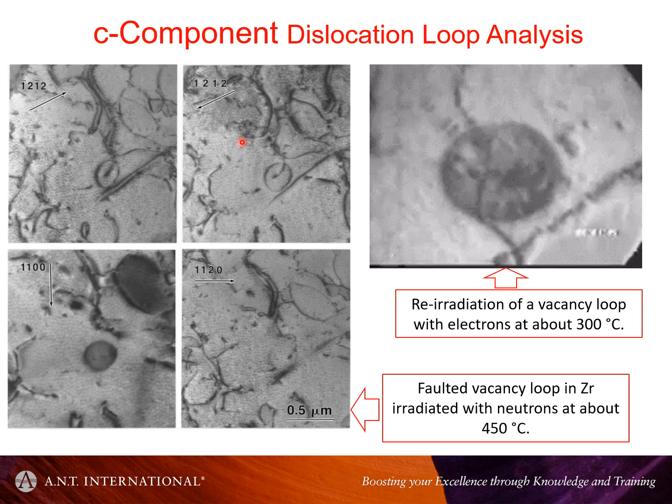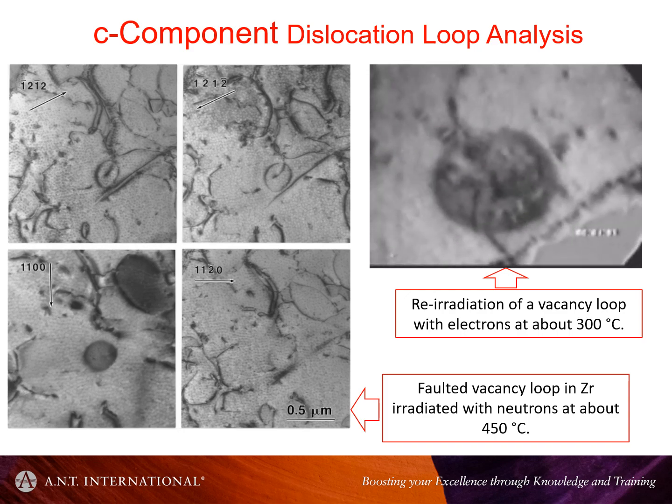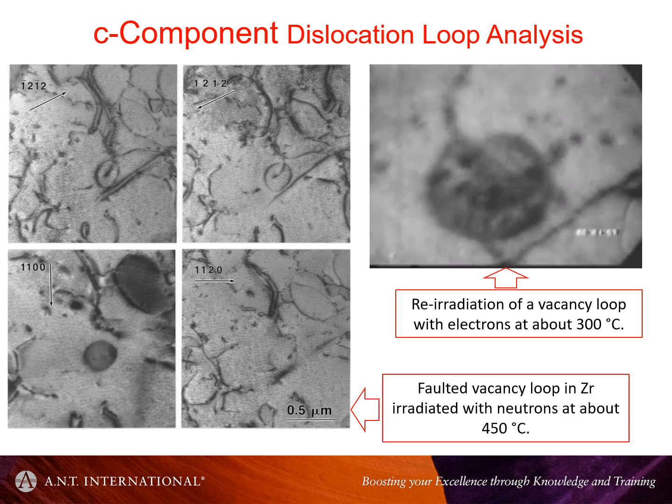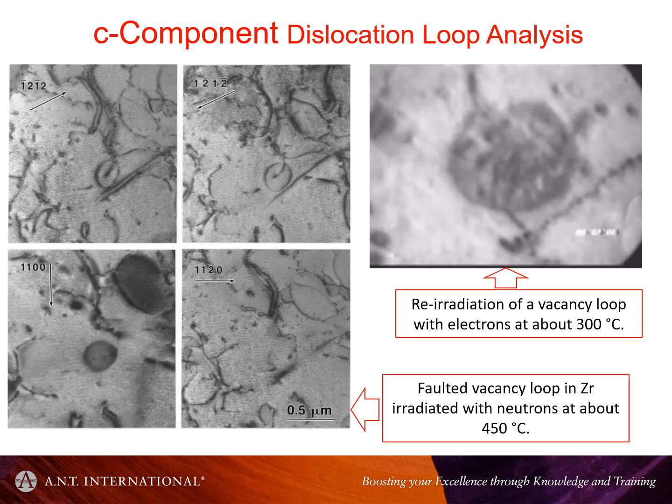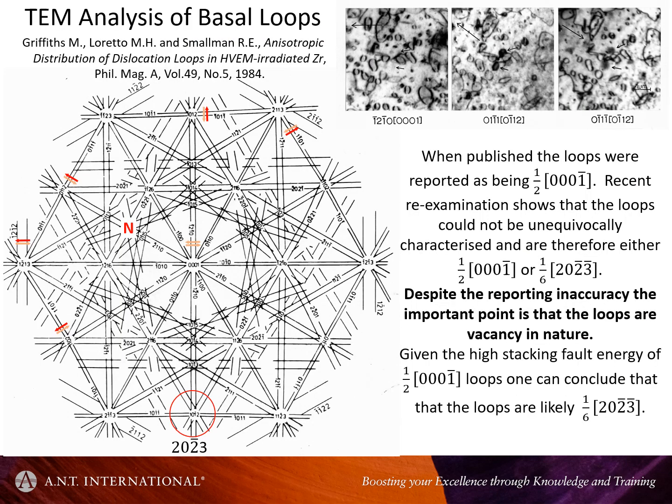Here's a case where I did some analysis and analyzed this loop, and then I re-irradiated it in the reactor so that when we look at it subject to some damage in an electron microscope, you can see the loop evolving. I already know that this is a vacancy loop because of the analysis that I've done. So I know that it is preferentially absorbing vacancies. And this is a very important aspect of modeling.